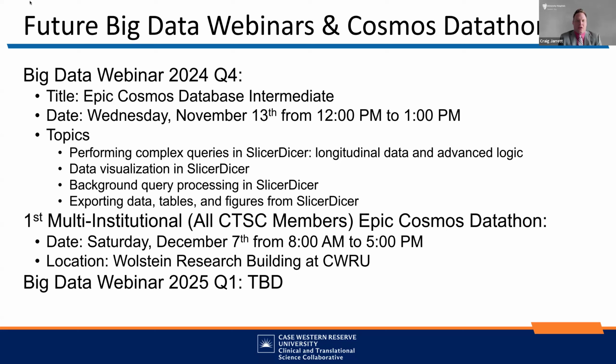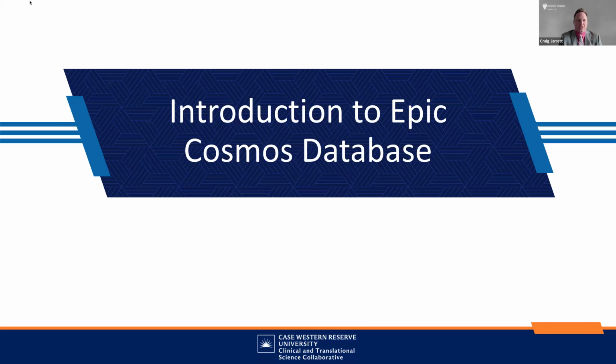And then for the Big Data webinar in the first quarter of 2025, we'll send additional information. We will most likely jump into the Epic Cosmos database in a more advanced way. We may include what's called the Data Science Virtual Machine, which has access to row-level data, but stay tuned for details on that. Ashley's going to take it over and show us the introduction to Epic.